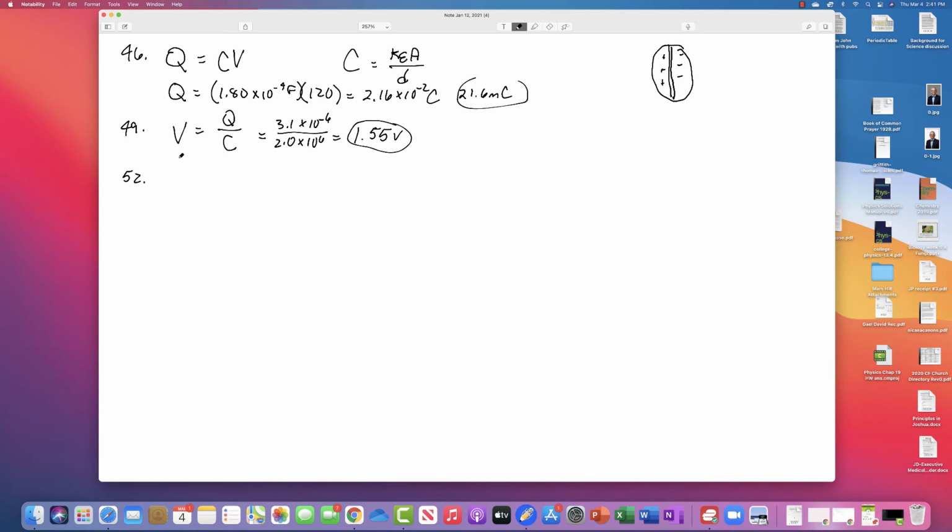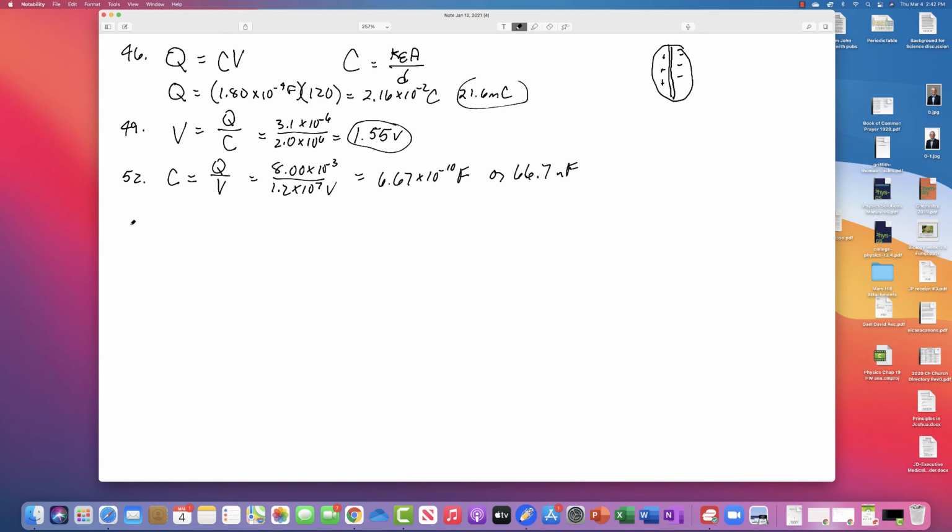Again, you rearrange this, and capacitance is equal to Q over V, which is equal to 8.00 times 10 to the minus 3 coulombs divided by 1.2 times 10 to the 7th volts. 12 megavolts is 1.2 times 10 to the 7th volts. If you do the math there, you get 6.67 times 10 to the minus 10 farads, or 66.7 nanofarads.